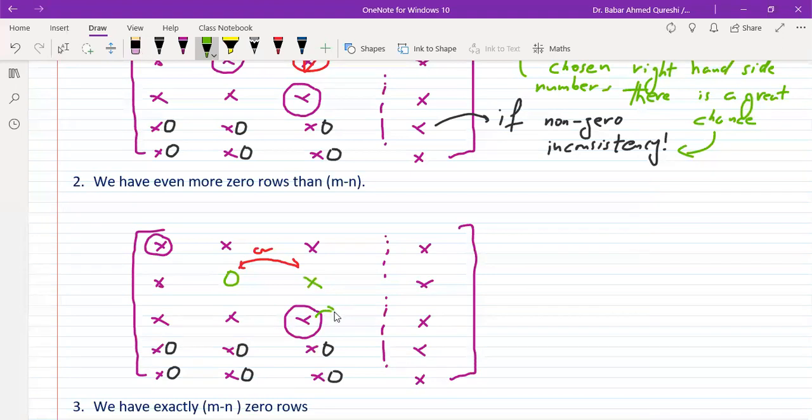So this guy also becomes 0. So then you can have more than m minus n rows completely 0.